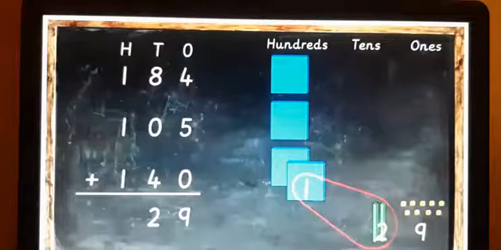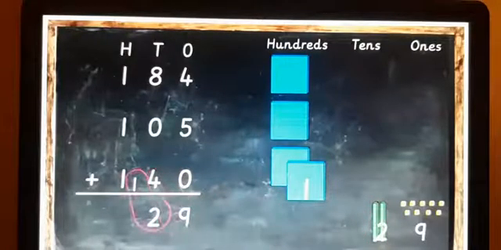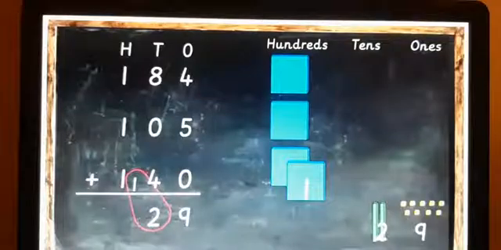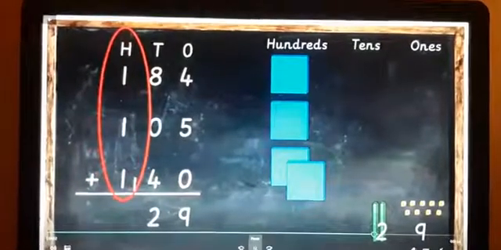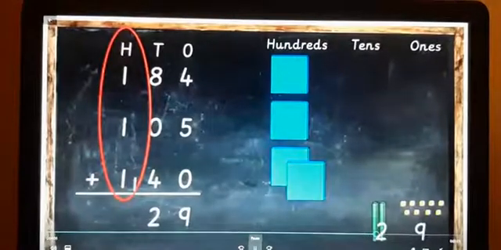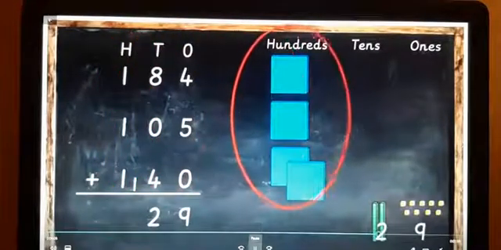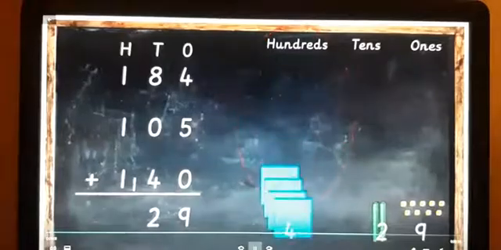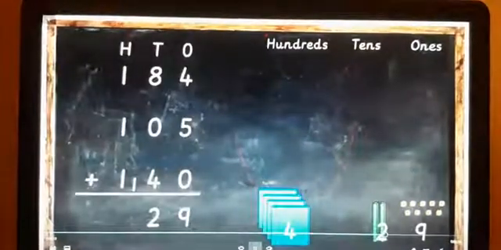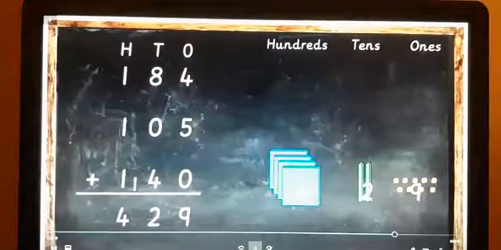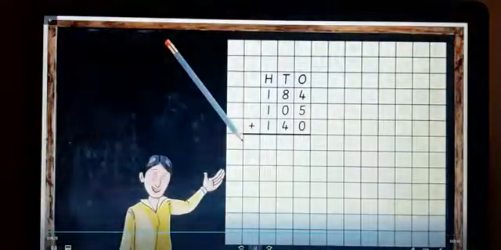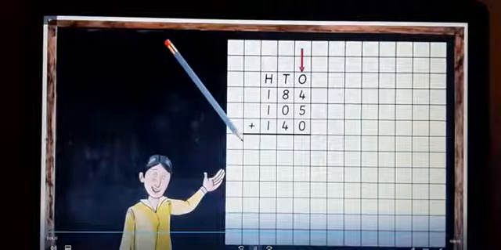Now you have to take the next value. See, in this way you have to write. So add the third place, the hundreds place: 1 plus 1 plus 1 plus 1. You get all together 4, and that will be written in the hundreds place. So you can see it became 429.